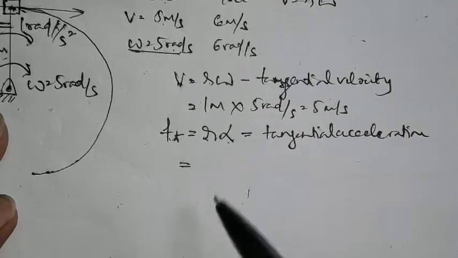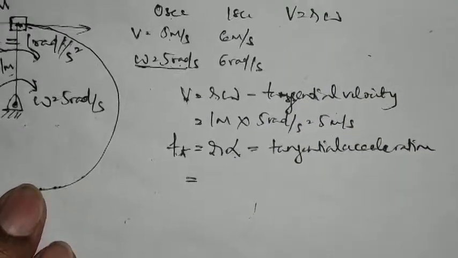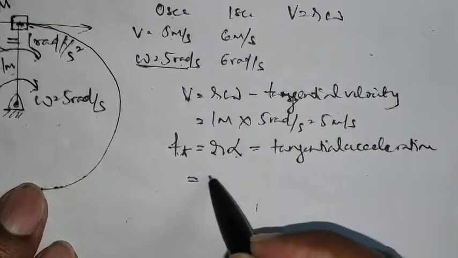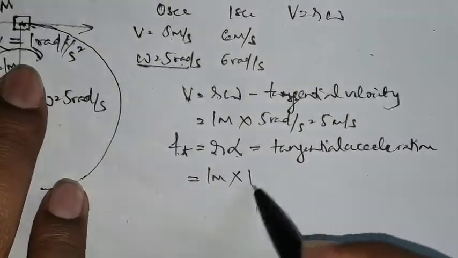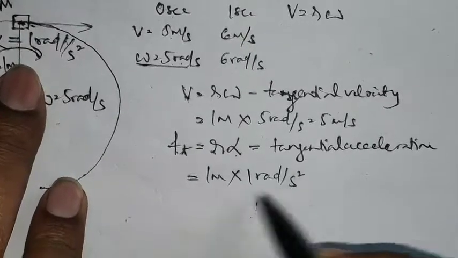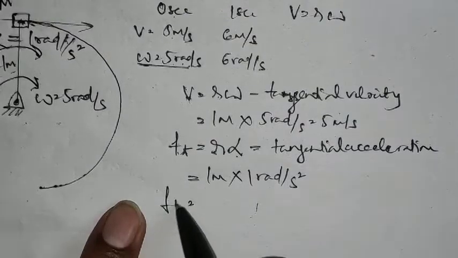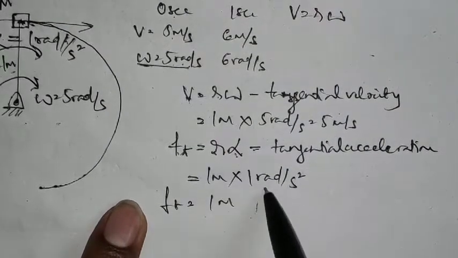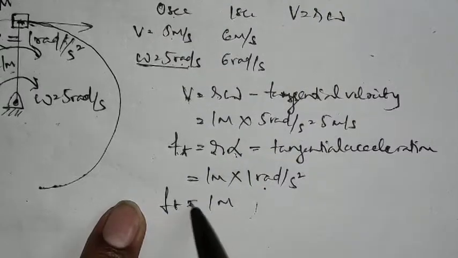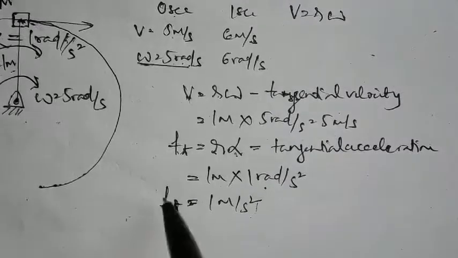So therefore, here the radius is 1 meter and the angular acceleration is 1 radian per second square. So you get the tangential acceleration as 1 meter per second square.